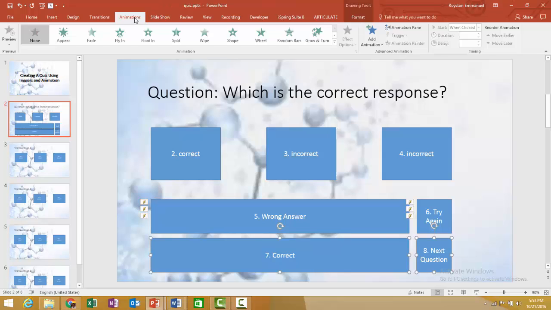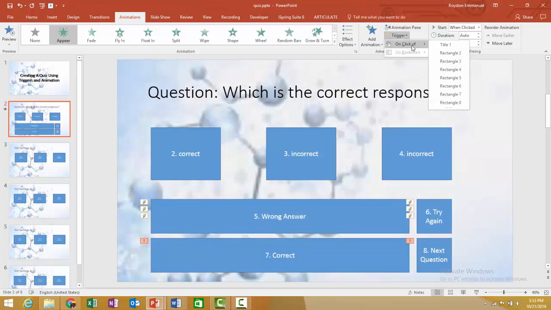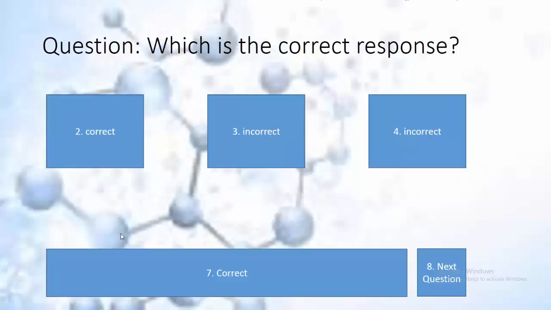I'm in animations, and because there are no animations on those boxes yet, all I have to do is just select an animation from the animation pane, appear, and I set my trigger, on click of, and my trigger is of course going to be the box that has my correct answer, which is rectangle 2. And when I test it, when I click rectangle 2, this is what comes up.